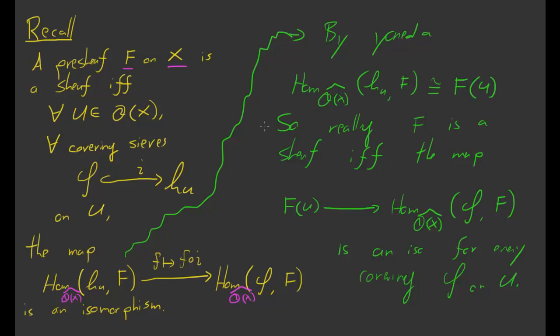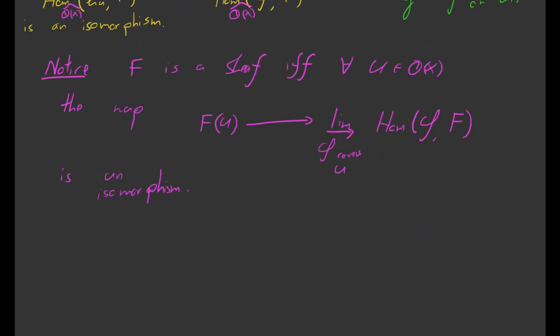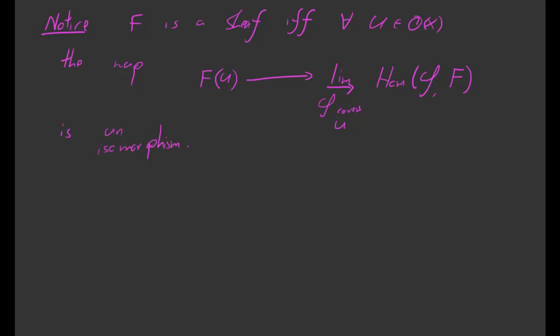We started out with this definition, then we applied Yoneda, and we said we have this map from F of U into Hom from S into F, and we have this map for every covering sieve S on U. And we don't want to have to apply this condition to every covering sieve S on U. We'd like to bundle all those conditions into a single condition. And when we bundle all of those conditions into a single condition, we get this condition on this direct limit.